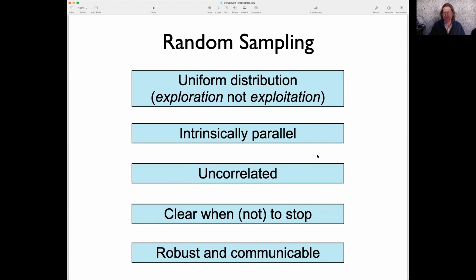Here are what I feel are the advantages of random sampling. Random structure search is very much an exploration-oriented search algorithm rather than exploitation. These are words from global optimization: you have exploration and exploitation, and you're balancing the two. Random sampling is kind of extreme exploration. Now, as a physicist trying to discover new things, I don't mind paying a cost penalty for doing more exploration.